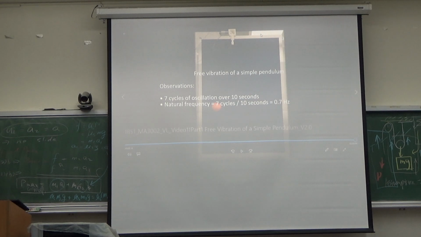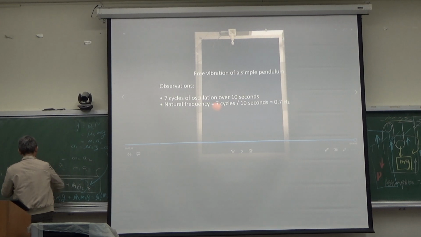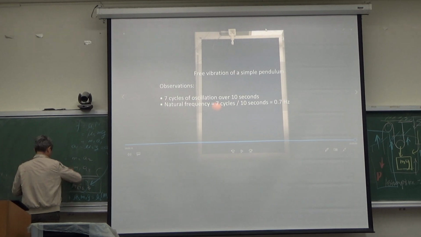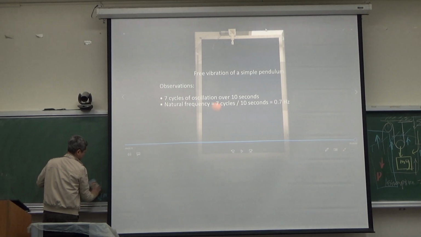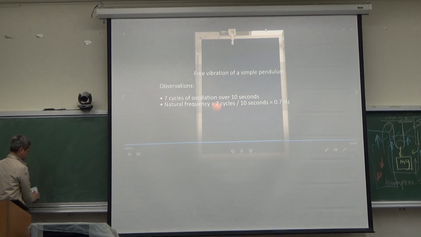In that case, you're going to use the polar coordinate. So you have a pendulum. If it's swinging, you have tangent, you have the normal.